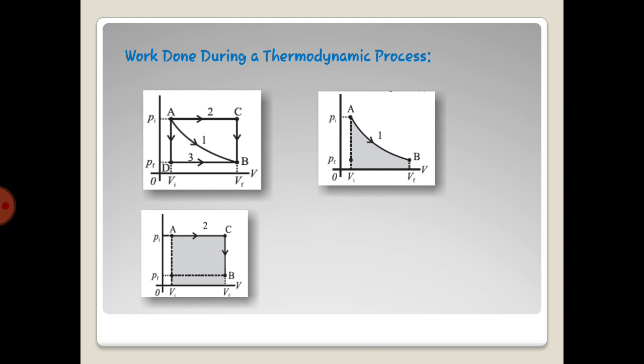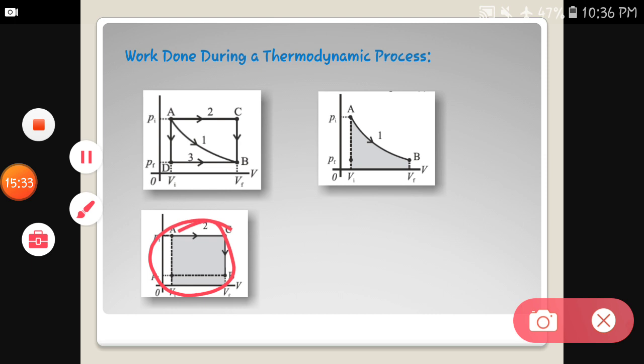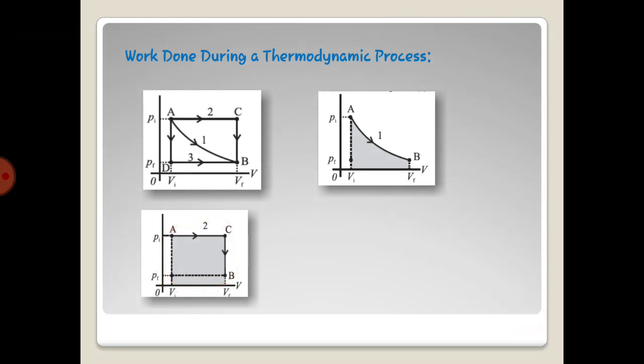So in this case, again, the area under this path will give you idea about work done. Okay, so this is nothing but the shaded area. Here you can see the shaded area under the path ACB is work done.